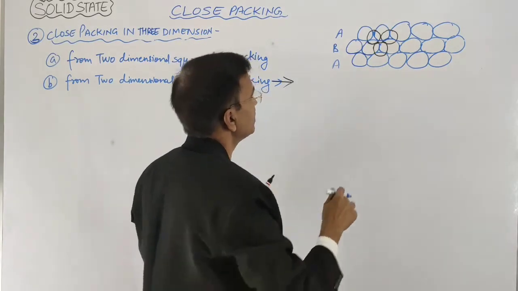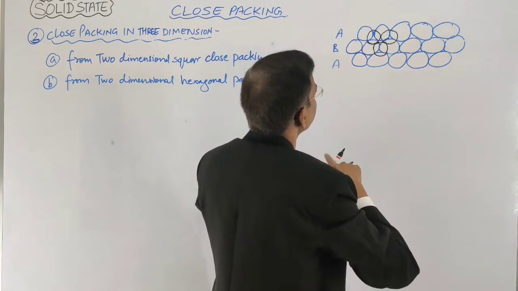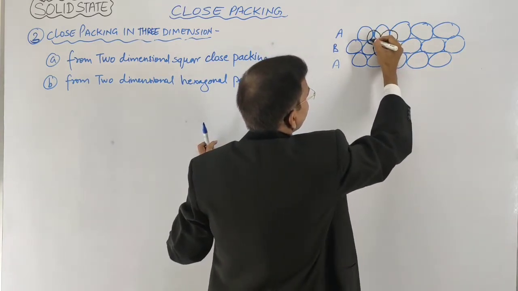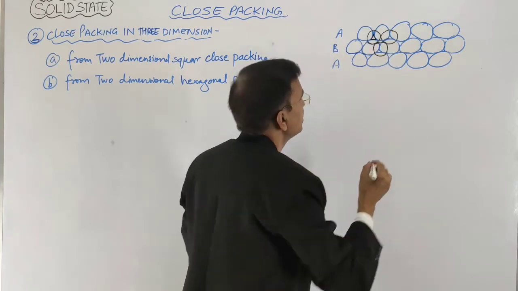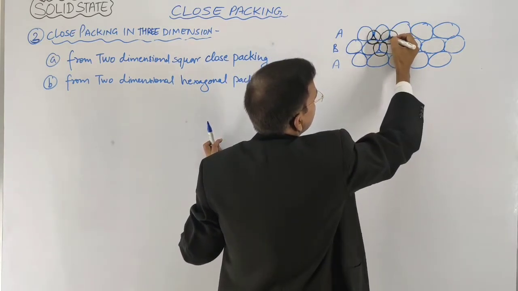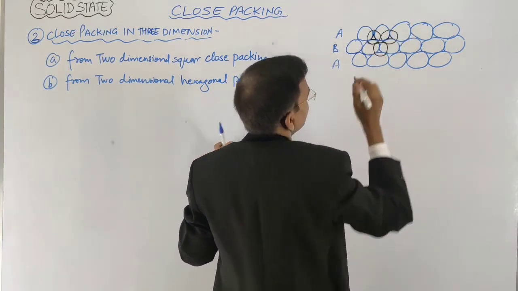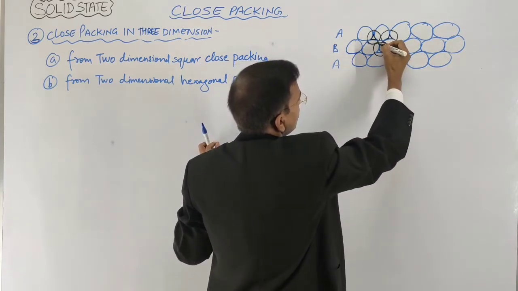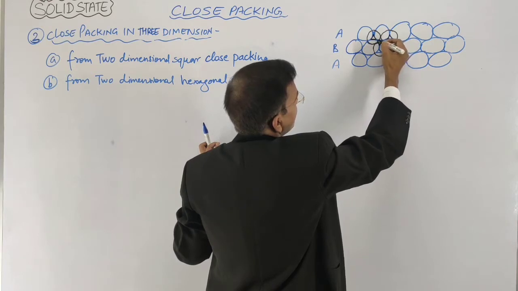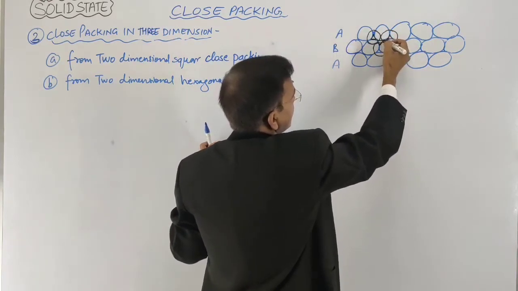voids are formed here. One is this type, the vertex upward, right? And here also vertex upward, but one is formed here, this, the vertex downward, right?